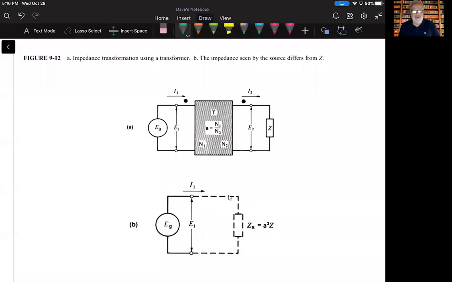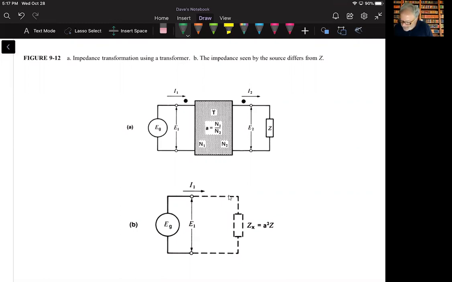So here's figure 9.12, and now we're using this new representation of our transformer. It's just this rectangle. It's got the transformation ratio here, the N1 over N2. We know the primary side is connected to the source, and the load side is the secondary.